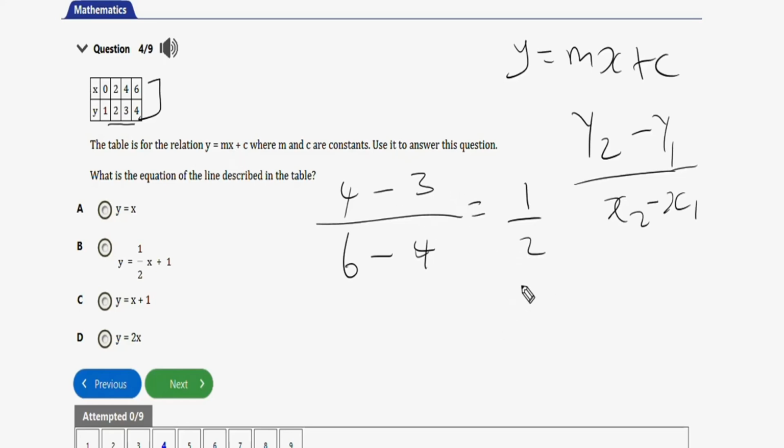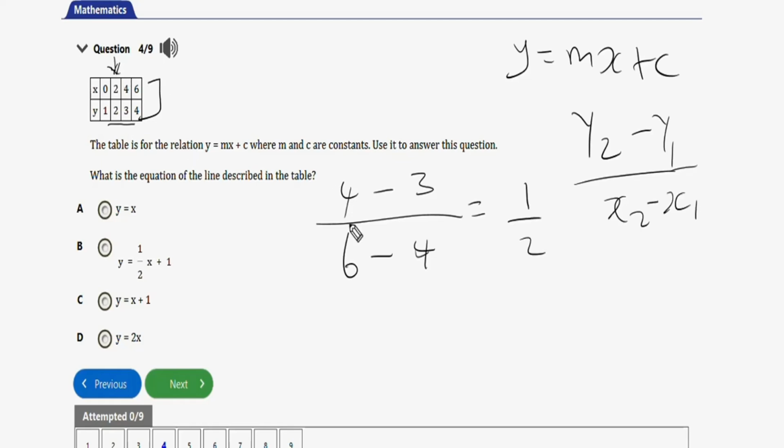Okay, so now that you have this, to remember what we're looking for, we asked what's the equation of the line described in the table. So let's get our y-intercept. Now that we have our slope to be half, let's use any values we have here. So let's use this value here.